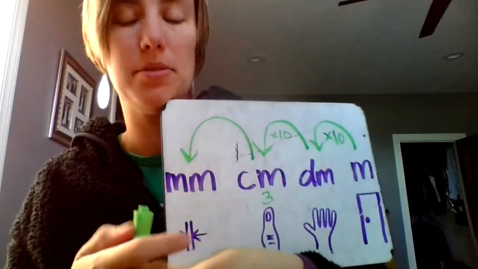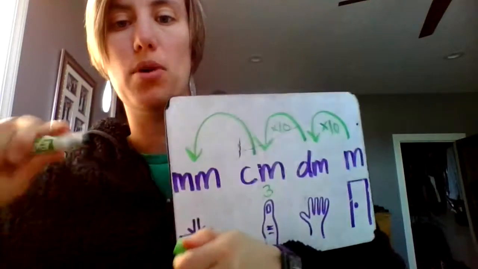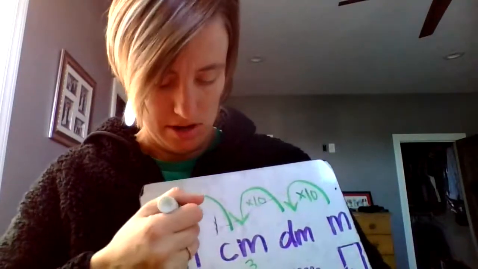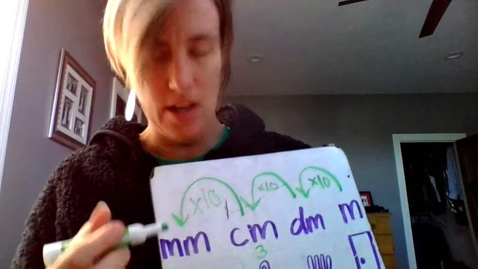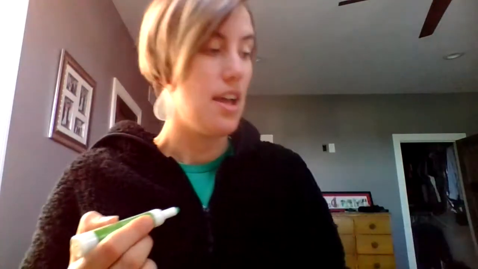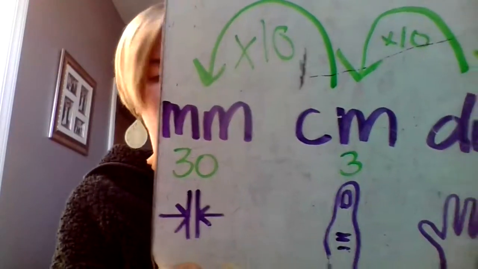If we have 3 centimeters and we're going to hop to millimeters, we are going to multiply times what? 10. When we multiply times 10, 3 times 10 equals 30. So I have 3 centimeters. That's 30 millimeters, okay?